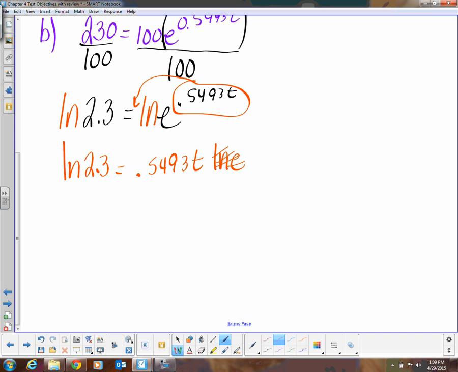Now how do you disconnect this from t? Divide by 0.5493. When you hit your ln button, it should come up with the parenthesis. You must close that parenthesis before you hit your divide key.